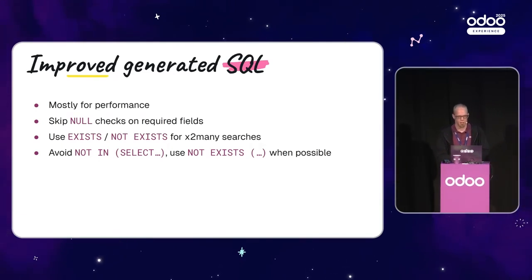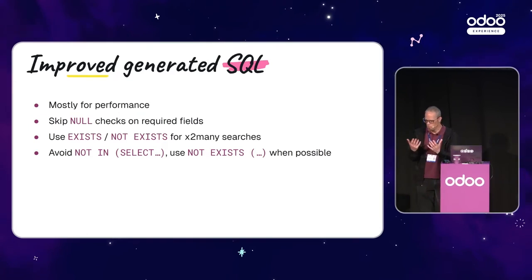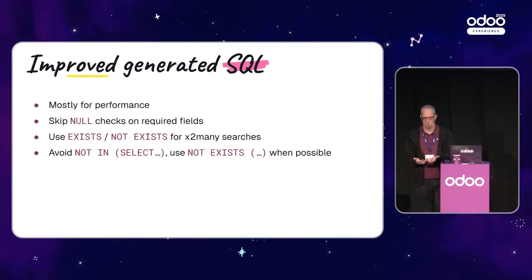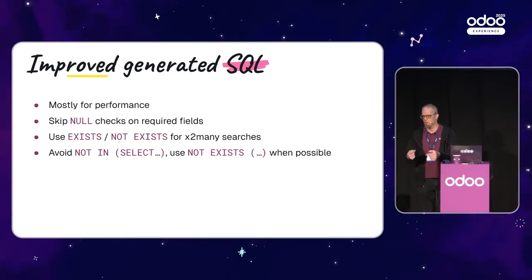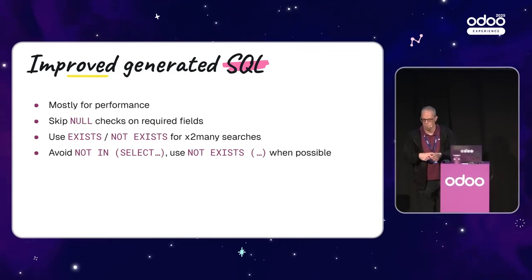So we've improved the generated SQL, mostly for performance. We tried essentially to generate SQL that uses better practice, so that Postgres applies better heuristics when trying to execute an SQL query.